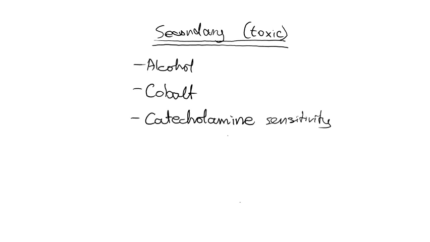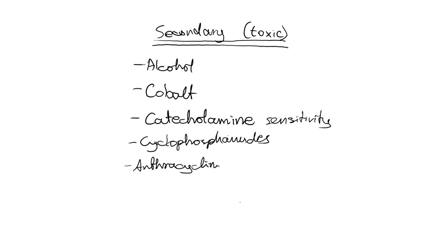If the patient consumes cyclophosphamide, anthracyclines, and this is assuming that they have some sort of sensitivity to these, or if the patient is a cocaine user. But by far, the main agent that causes secondary or toxic dilated cardiomyopathy is alcohol.